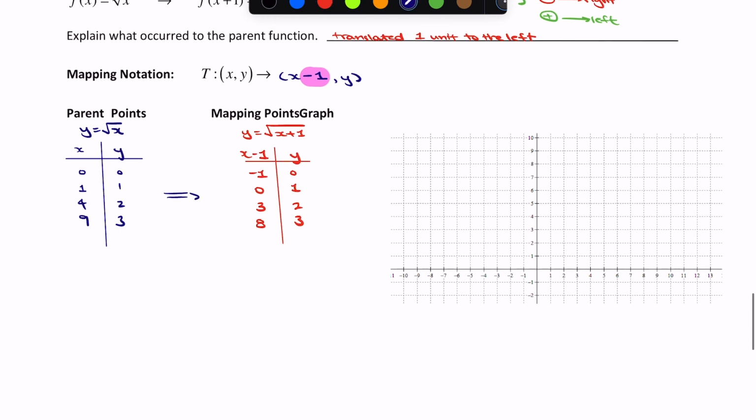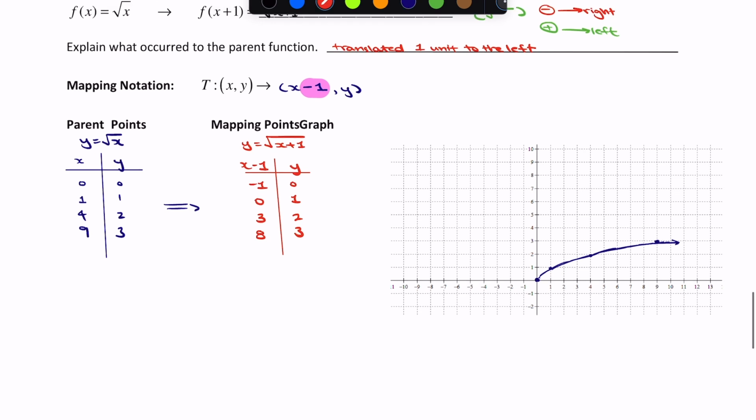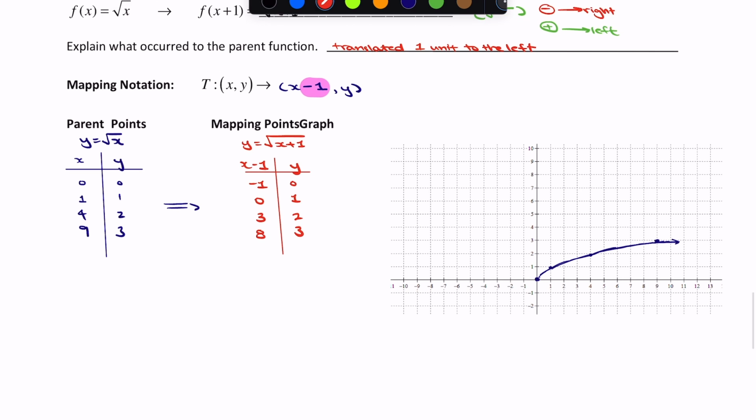So here, if we graph our parent function again first, so (0, 0), (1, 1), (4, 2), and (9, 3). So graph those first. And then now our translated function, which is shifted over 1 to the left.